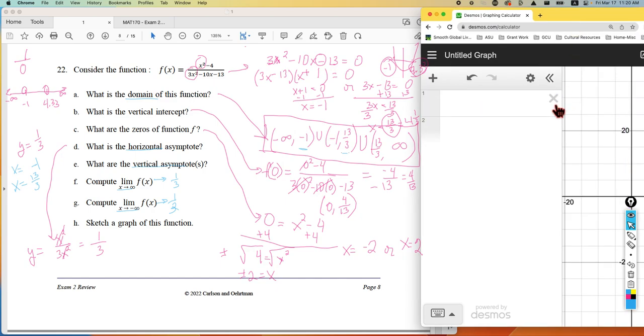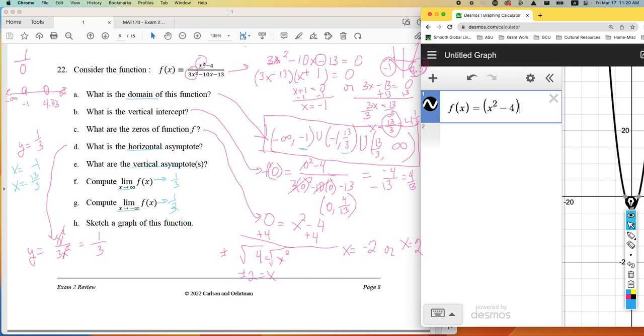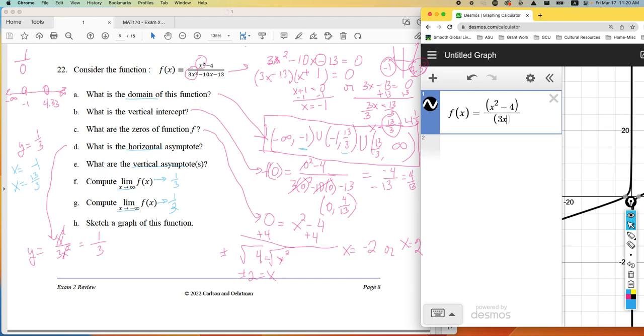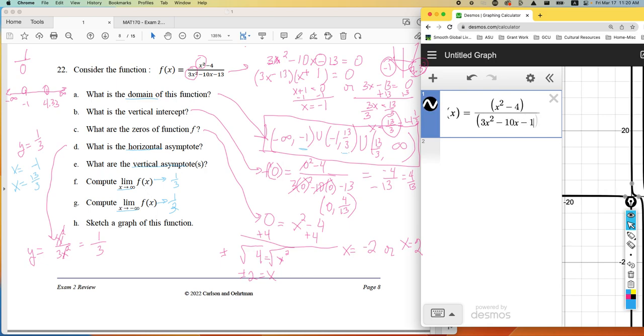And so we'll put in the function: parentheses x squared minus 4 divided by parentheses 3x squared minus 10x minus 13. So that's our function.